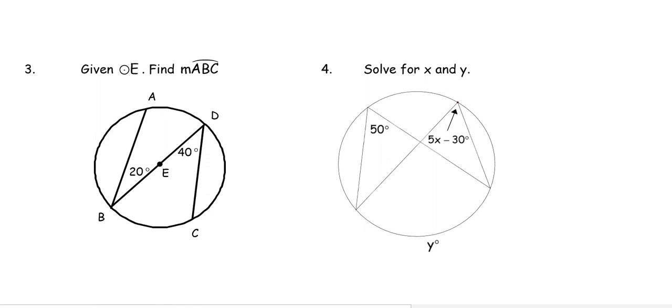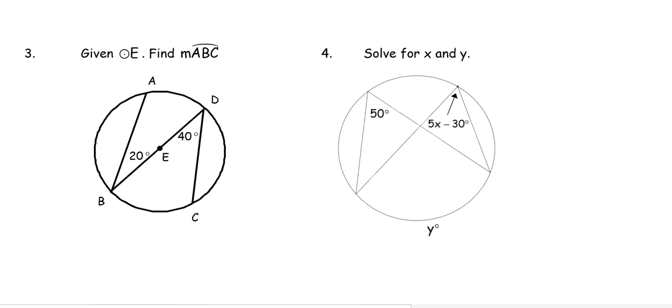So we're going to apply this. Got a lot of stuff going on here. We pay attention to the fact that we are given the center of the circle is at E. That's really important because that center is going to tell us how our circle's related. And let's look at our inscribed angles.